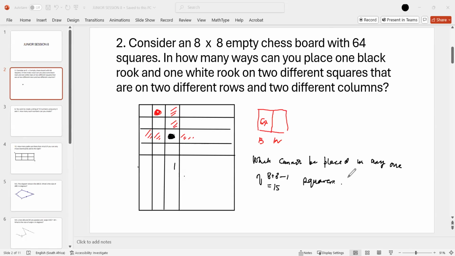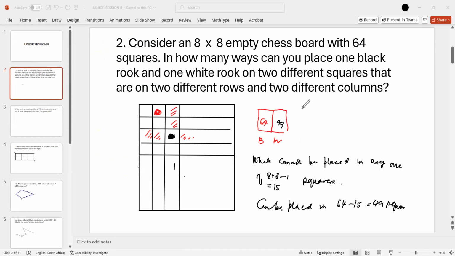So in other words, where you can place it, it can be placed in 64 minus 15, which is 49 squares. So the number of choices for white is 49. So we've seen this kind of thing before. The first one can be chosen in 64 ways, and the second one can be chosen in 49 ways.